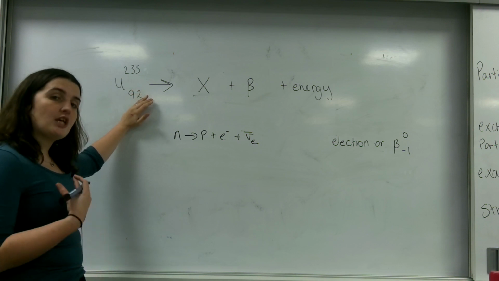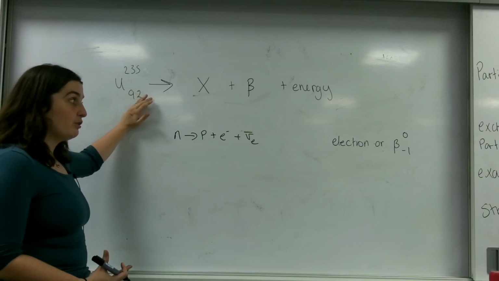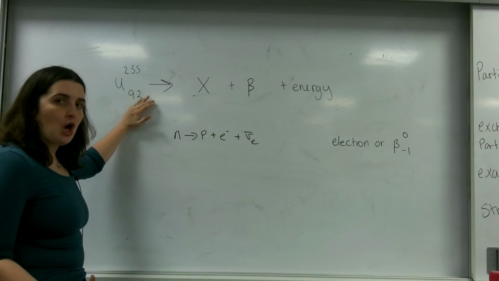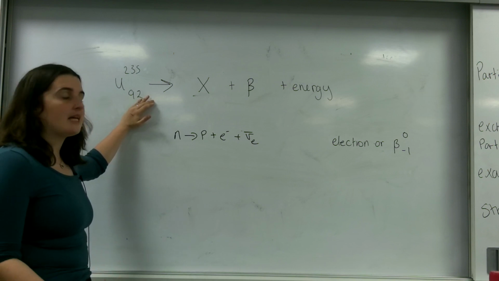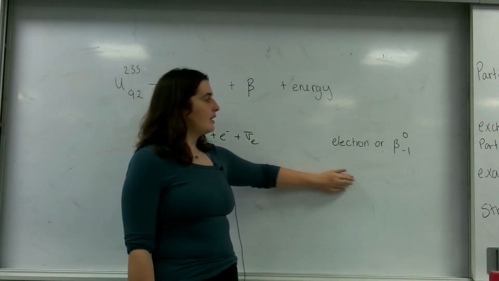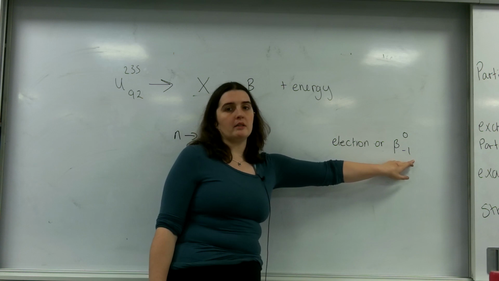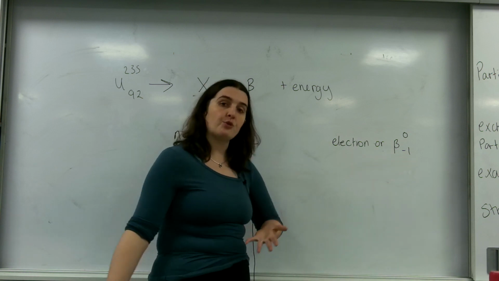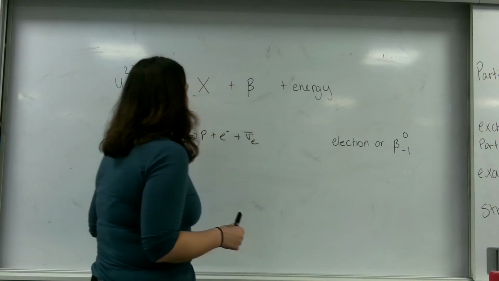It's being changed into a proton to conserve baryon number, but to conserve charge, something else must be released, and that is an electron. We say beta is 0 minus 1, and the reason we say that is to reflect the change in proton number in the element.